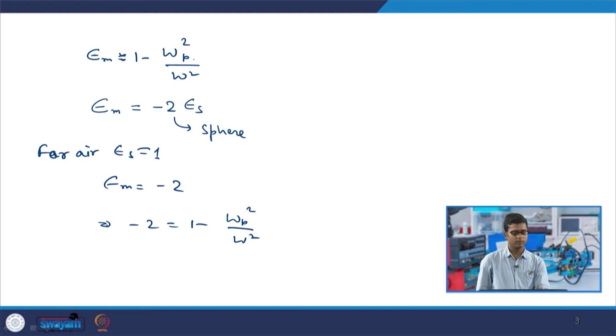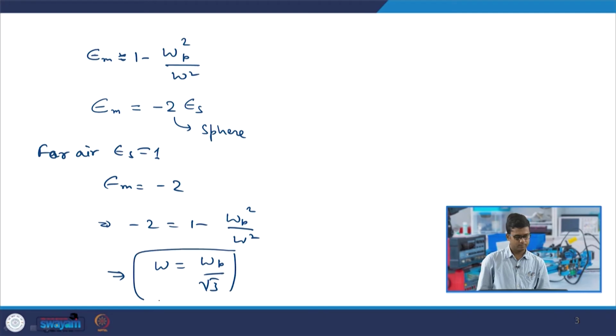Actually it was omega p. So, if you arrange it, then omega is equal to omega p by root 3. What happens actually is that, let us say it is omega p b, so omega p will be omega p b by root 3.